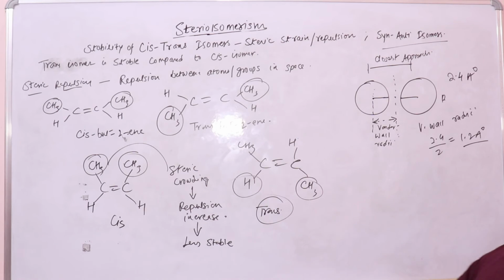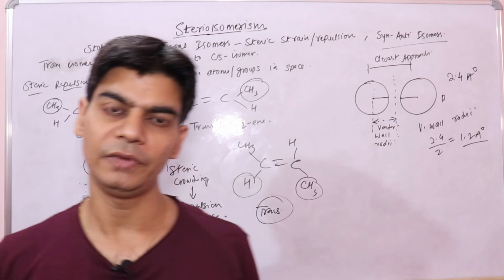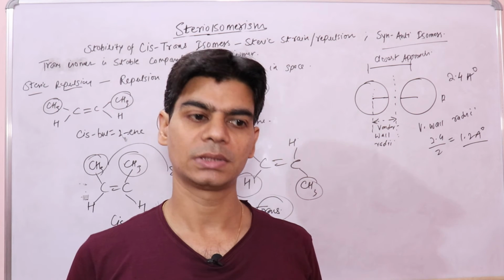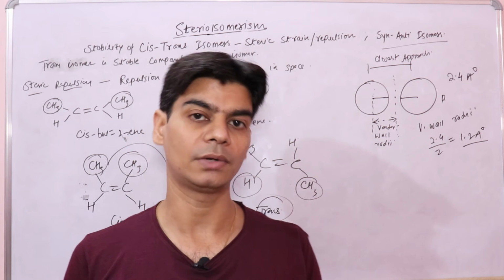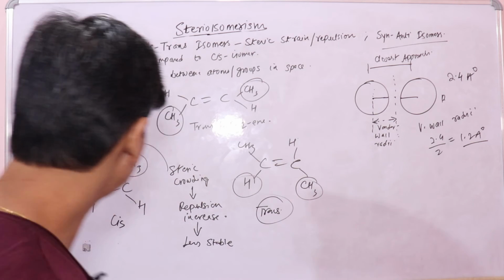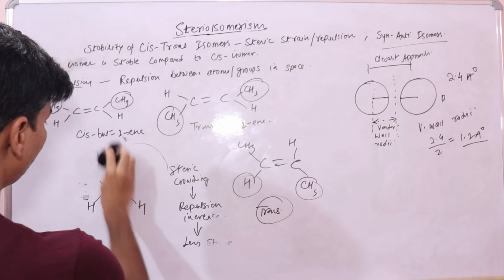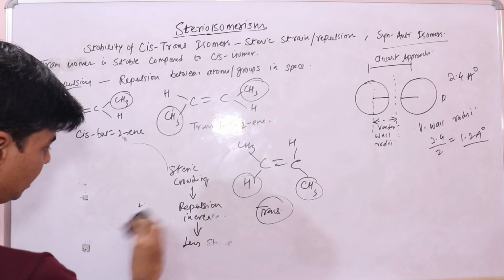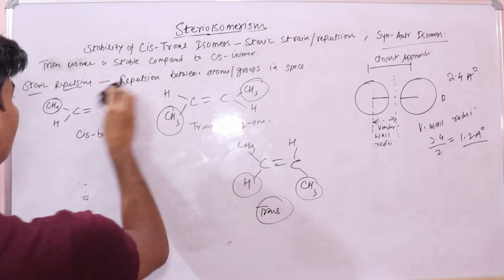Geometrical isomerism is not limited to compounds that have a carbon-carbon double bond. We can have geometrical isomerism in compounds that have a carbon-nitrogen double bond and a nitrogen-nitrogen double bond, right? So let's see the compounds that have a double bond between carbon and nitrogen, and between nitrogen and nitrogen.